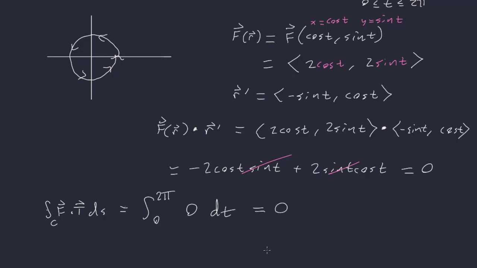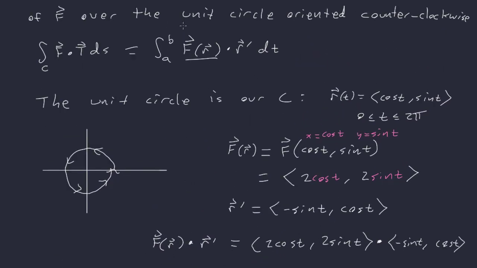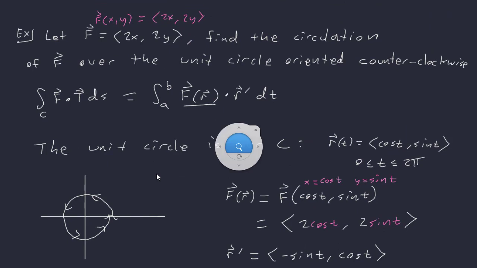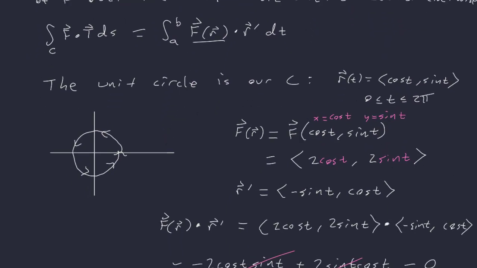Well, okay, what does this mean? In this case, remember that this vector field, the 2x, 2y, is what I call the explosion vector field. If we were to look at this vector field and graph it, we would notice that at every point along this path, the vector field is perpendicular to the direction of travel.